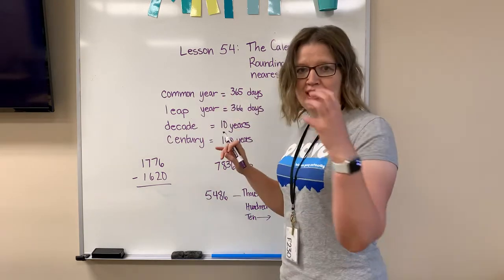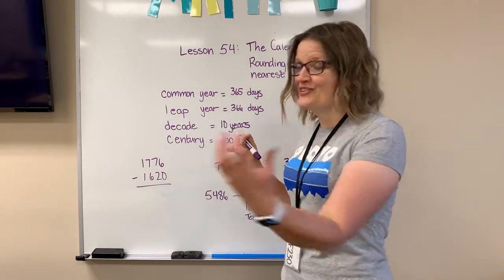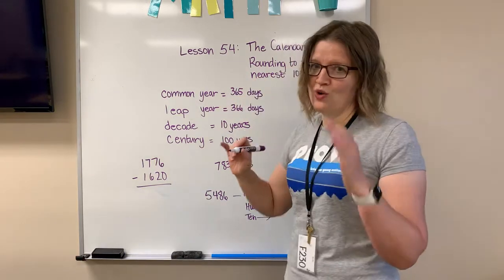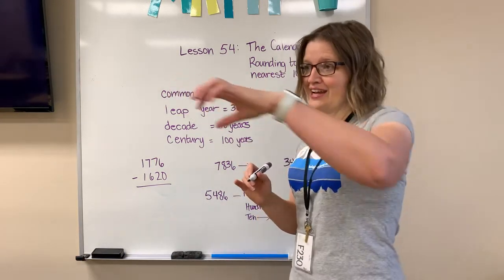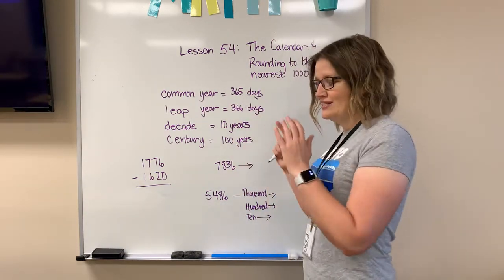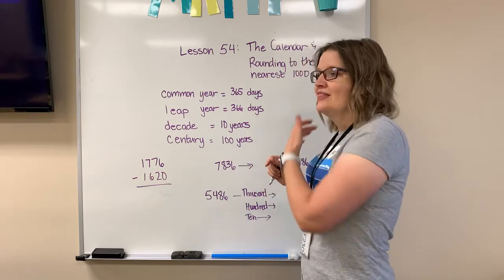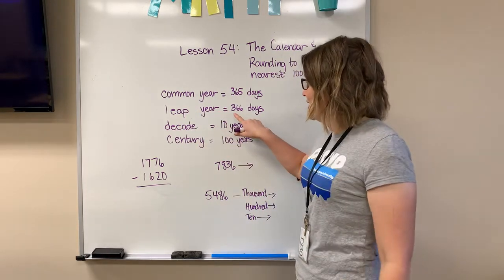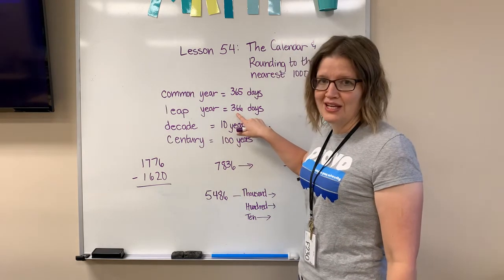Our earth rotates around the sun in 365 and 1/4 days. And so every 4 years we make up for that quarter day in the earth's rotation around the sun, and we add 1 day on.